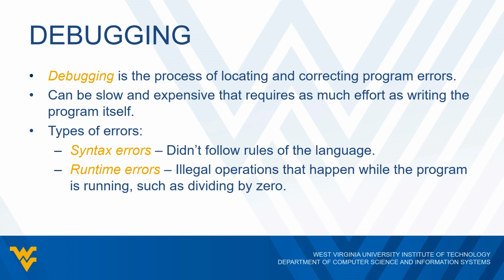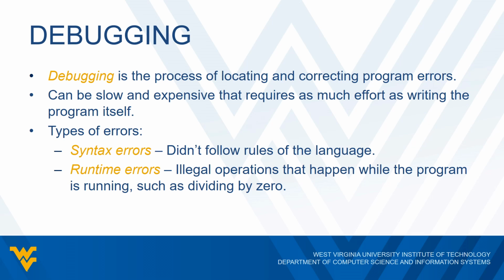Another type of error is what's called a runtime error, and this usually occurs only when the program is running and it's using a certain set of data that results in some illegal operation, such as dividing by 0. Did I mention you do not want to divide by 0? Just don't mess with that. Now, sometimes the software does provide messages to help detect the cause of runtime errors.